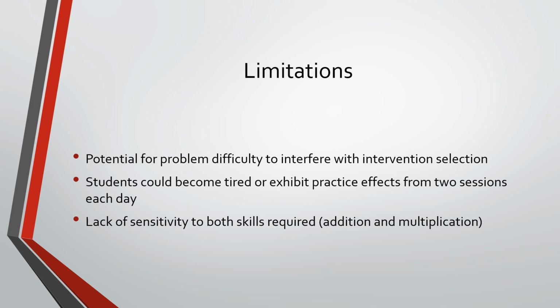And so some potential limitations for the study were the potential for problem difficulty to interfere with intervention selection. And so problems on these worksheets could range from 13 times 12 to 99 times 99. And so there's a large area for randomness to affect their data.